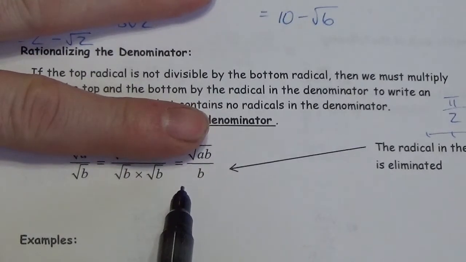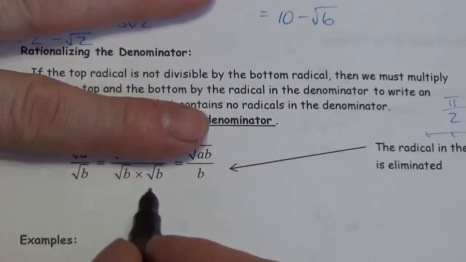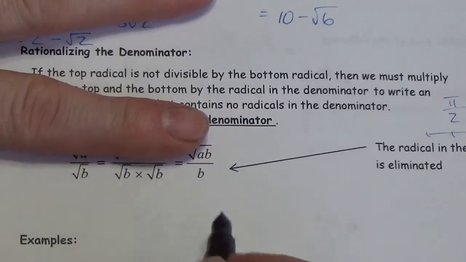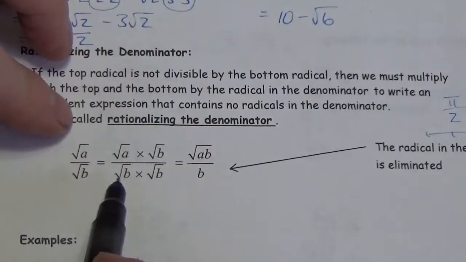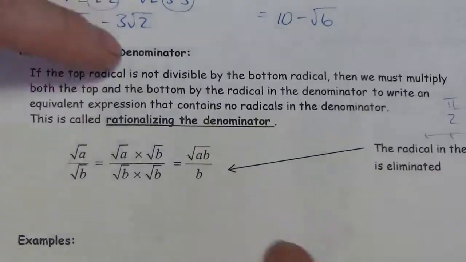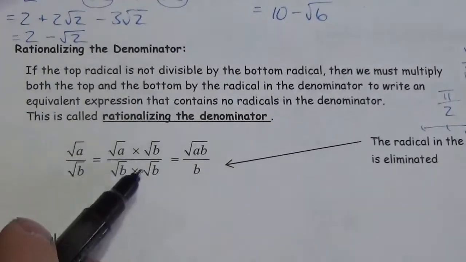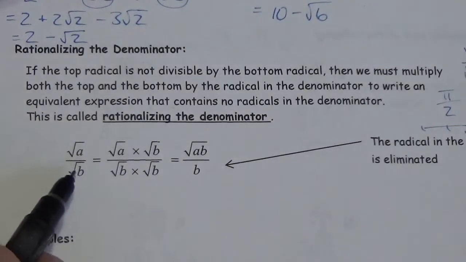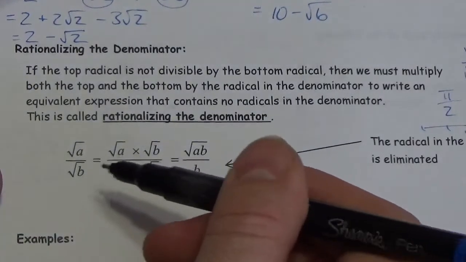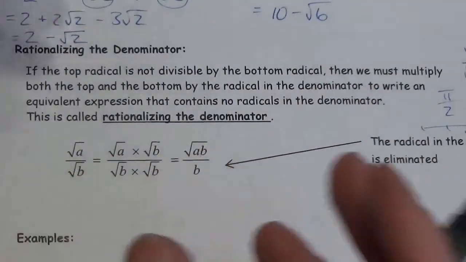It's just going to give me b, which is a pretty nice result. So I can square the denominator to get rid of that radical. But if you multiply the denominator by root b, you have to multiply the numerator by root b. That's the only little twist to this. This is the only thing that you've got to make sure that you do. Whatever I multiply the denominator by, I've got to multiply the numerator by so that the whole thing stays equal.